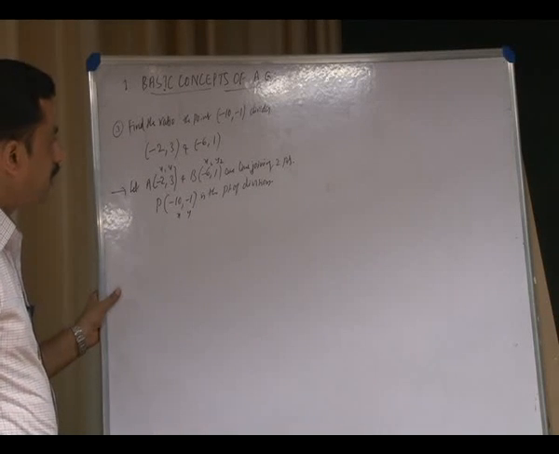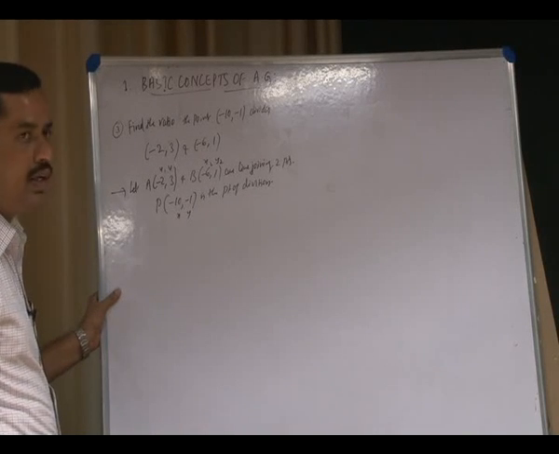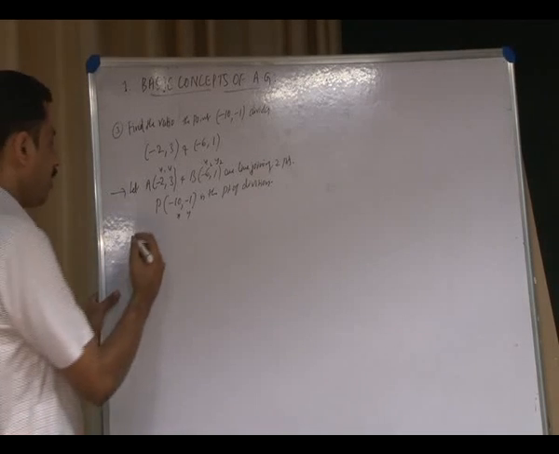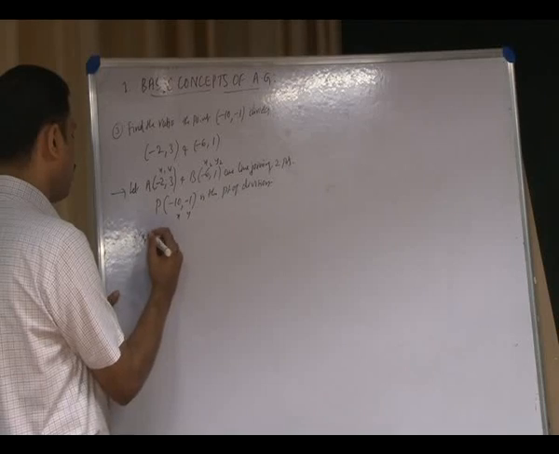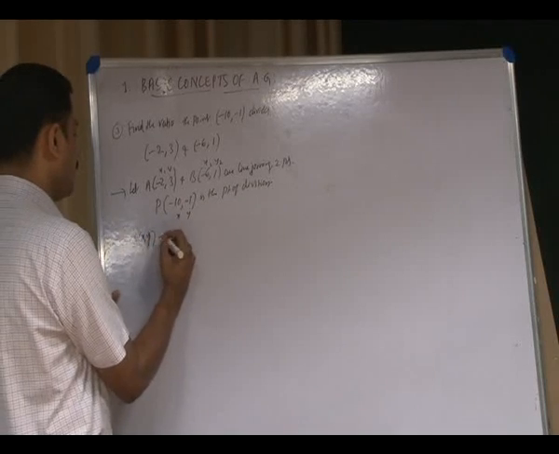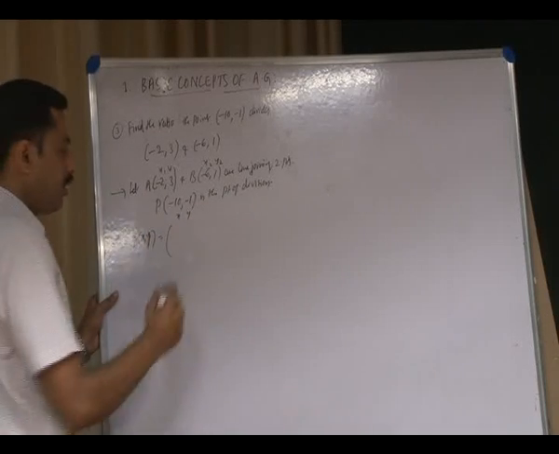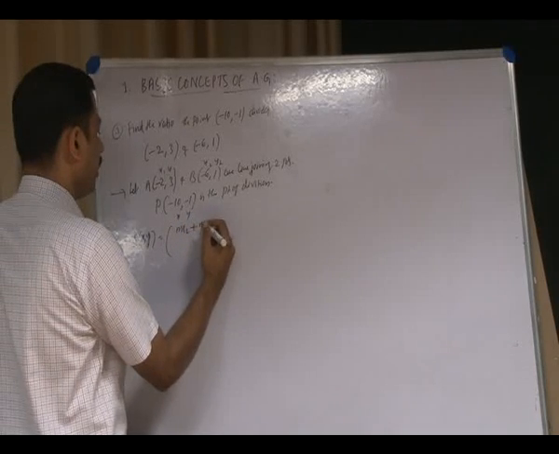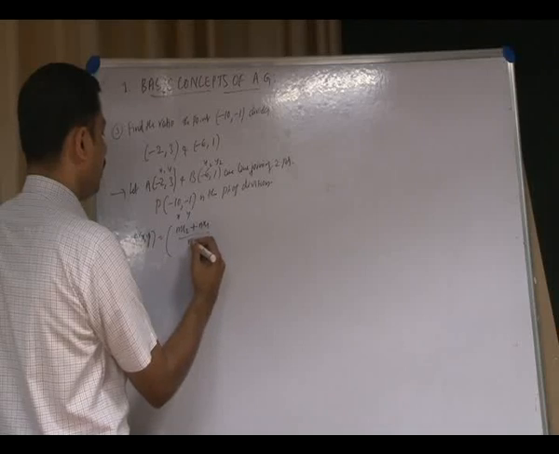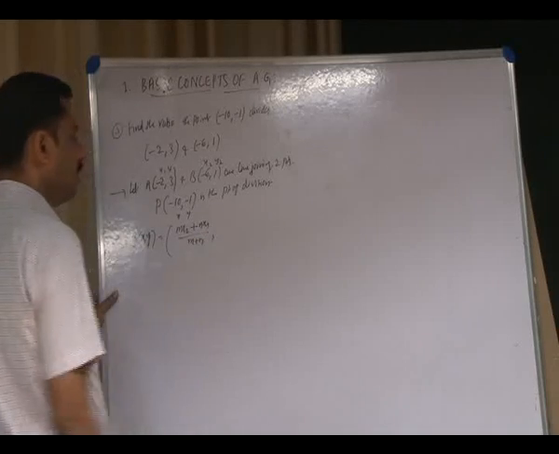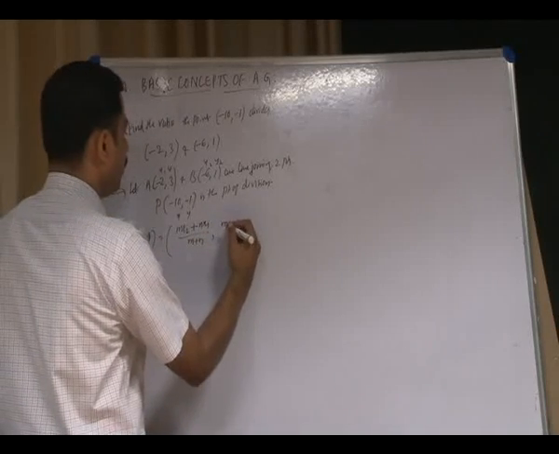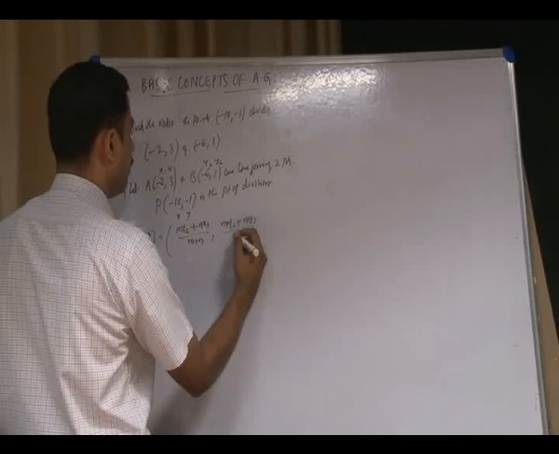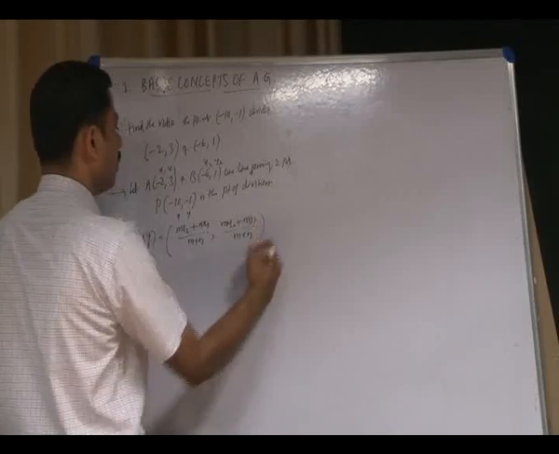So, to find the ratio of division, you have to consider the section formula only, that is for internal division. That formula we know, that is P x comma y is equal to the section formula for internal division, m x2 plus n x1 divided by m plus n, m y2 plus n y1 divided by m plus n.